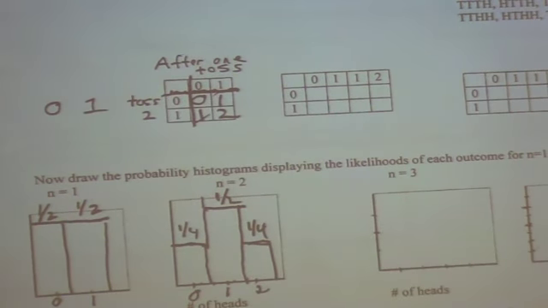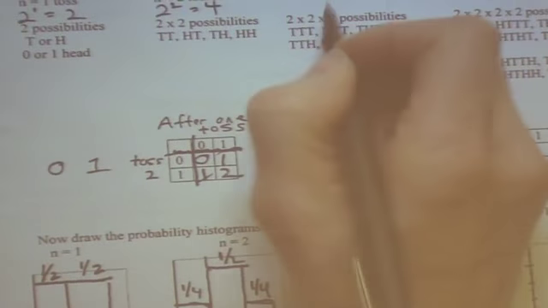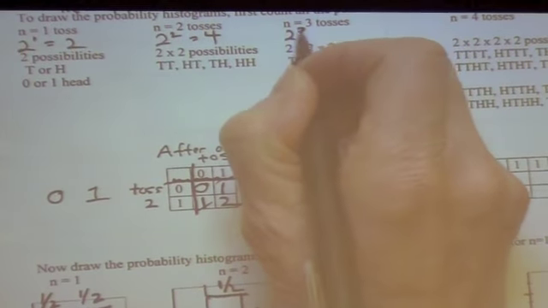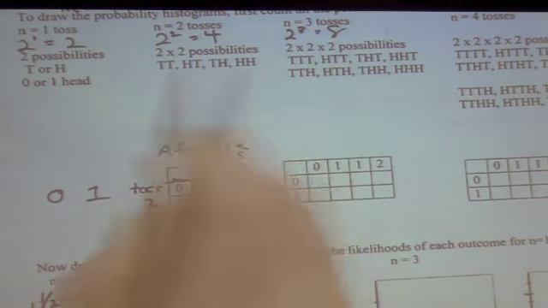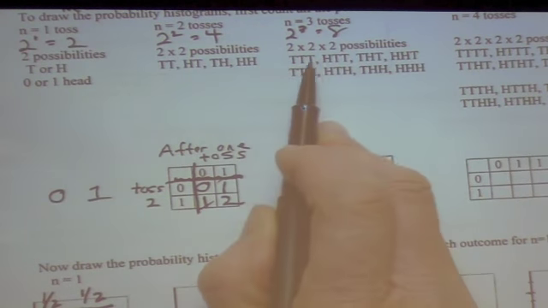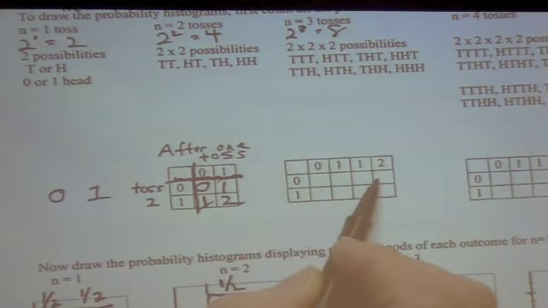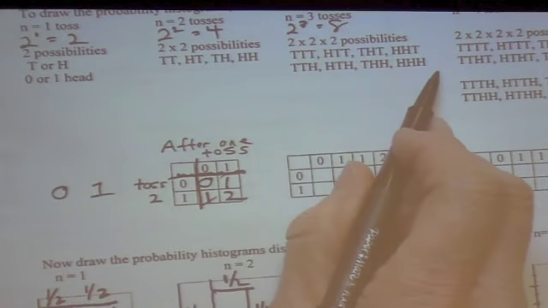Okay? So now let's look after 3 tosses. What happens in 3 tosses? Well, now there's 8 possibilities, 2 to the 3rd, which is 8. And all I did was write these 4 possibilities, first adding a tail, and then adding a head.